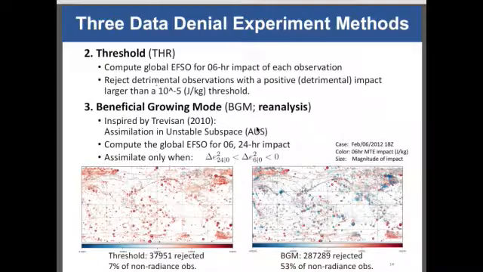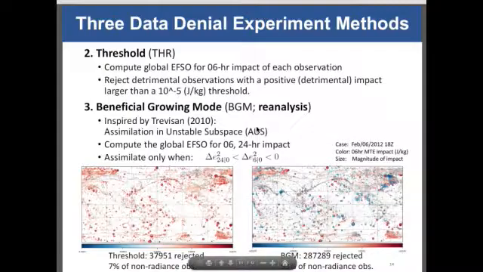By doing this, I'm rejecting these observations here. This is an example from one of the cases. And I'm doing this only to the non-radiance observations. So there are 7% of non-radiance observations being rejected in this method, in this case.